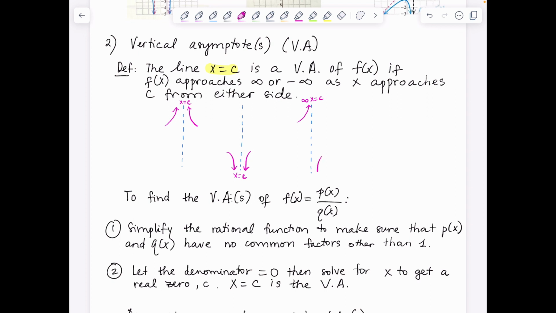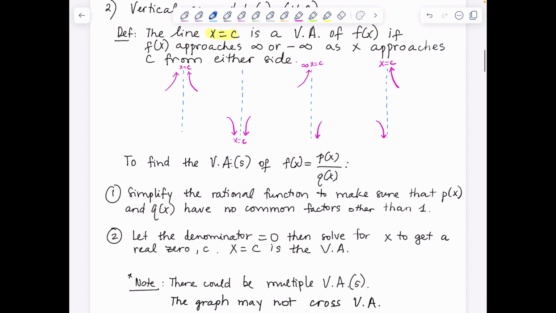And then on the other side, the function will go to negative infinity as x is approaching c from the right. And in the last scenario, just the opposite. This is where the function could go to infinity as x approaches c from the right, and the function could go to negative infinity as x approaches c from the left.